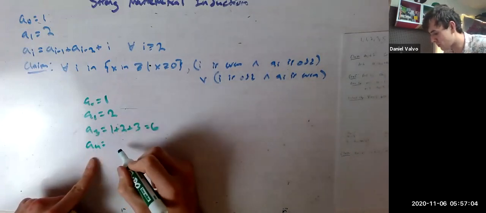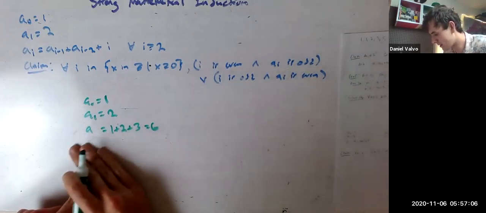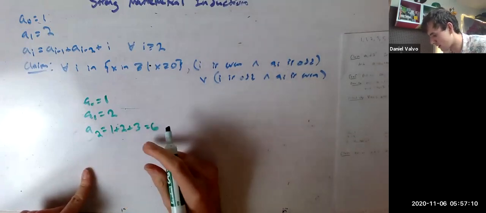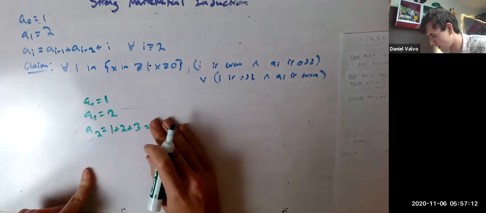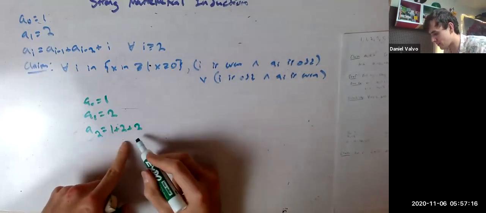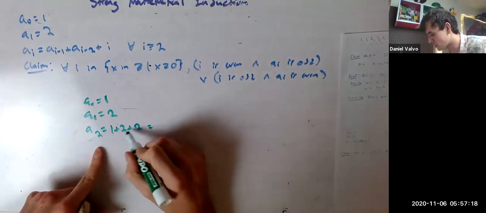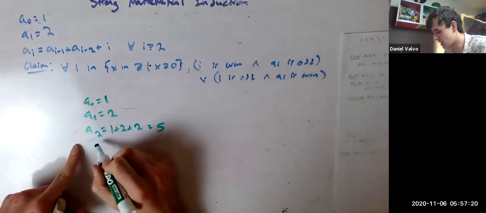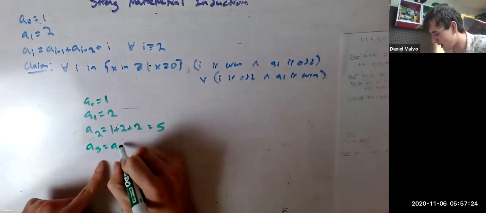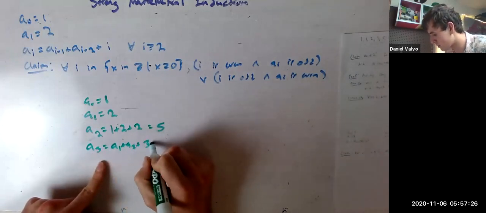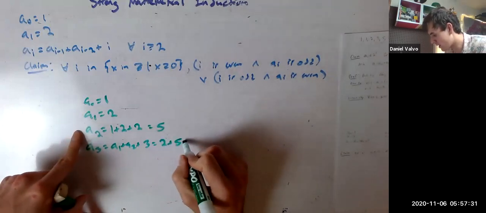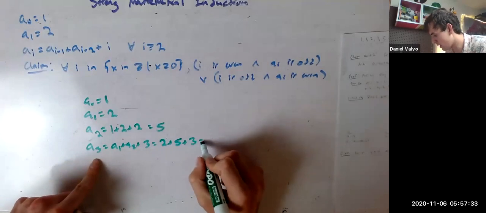A3, we add the two previous terms and we add the index of 3. So we get A1 plus A2 plus 3, which is A1 is 2, plus A2 is 5, plus 3.